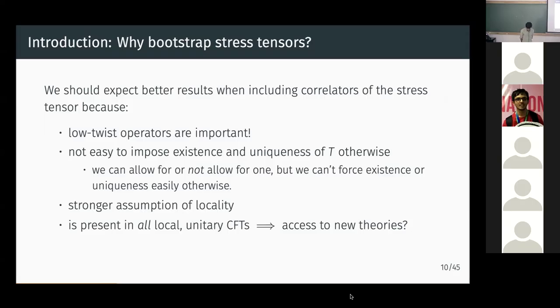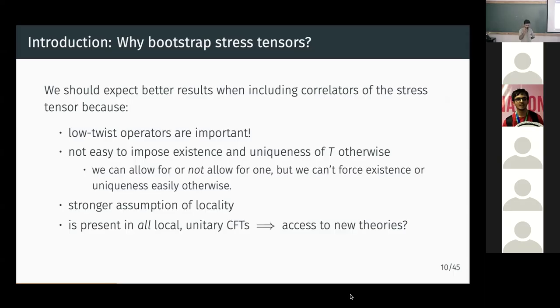In principle, with the paper and pencil version of the bootstrap, you should never be able to solve it without the stress tensor. But in practice with the numerics, it is sometimes difficult to distinguish between a stress tensor that's exactly at the unitarity bound, that satisfies all its conservation conditions, and a spin-2 operator that's just a little bit higher in dimension and no longer satisfies conservation conditions.